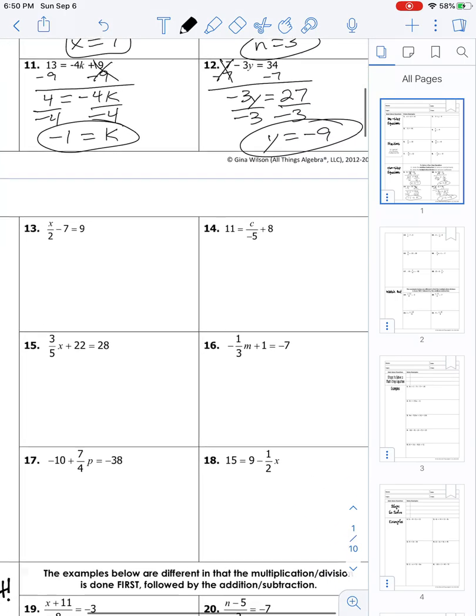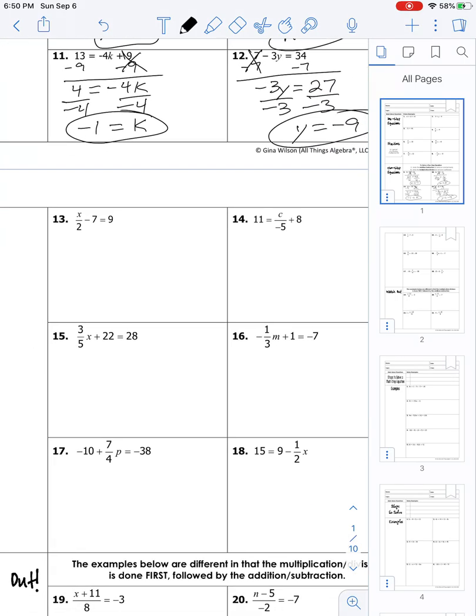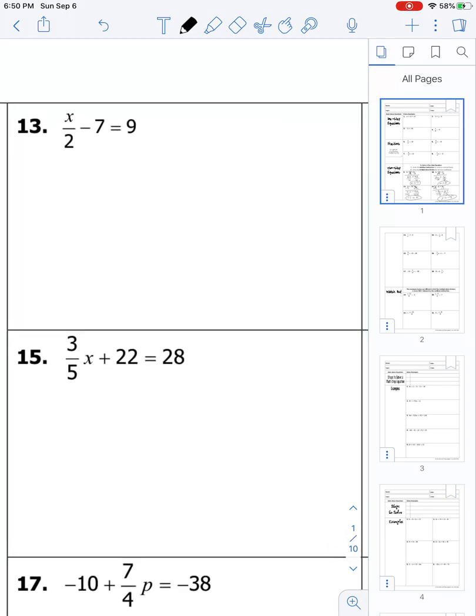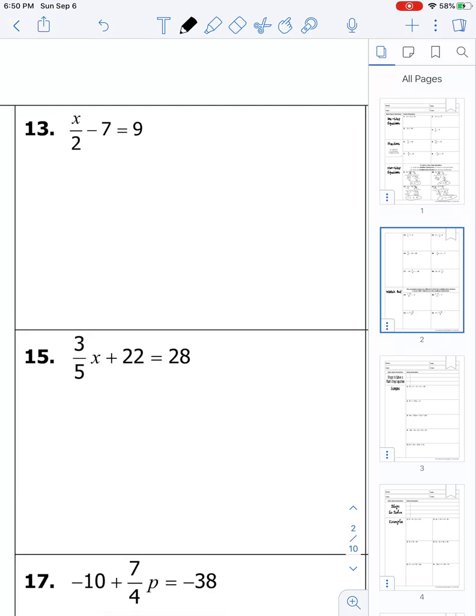Now, a little bit tougher example problems, starting on number 13. So now we've got a fraction here. So we still need to get rid of the number that is not associated with the letter, meaning this negative 7 is kind of by itself.